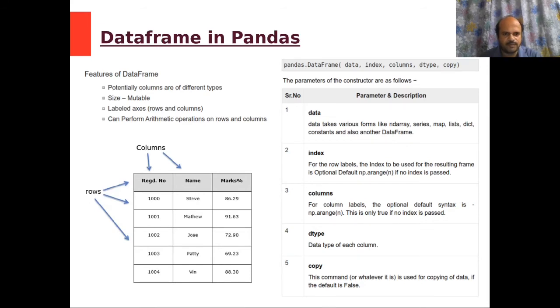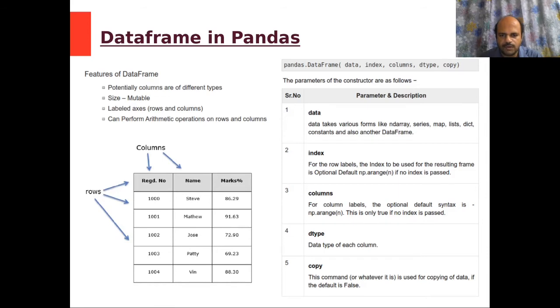We can perform various arithmetic operations on this. To create a data frame, we can use the function DataFrame having several parameters in it. All these parameters are presented here: data, index, columns, data type, and copy.